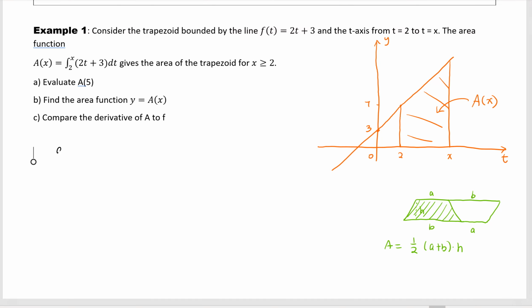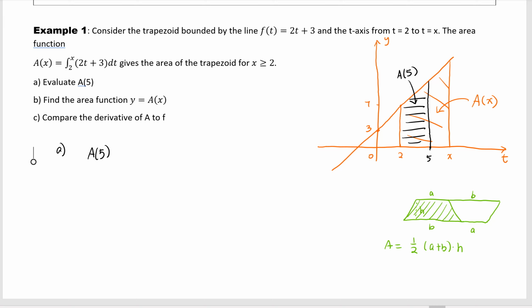Okay, so now let's work on the problem. Part A: evaluate A of 5. Well, what is A of 5? That means we're looking at when x is 5. So this is 5, and this region is A of 5.